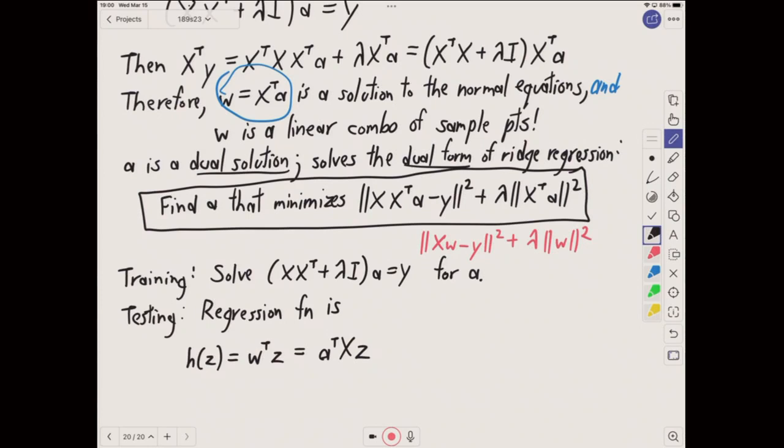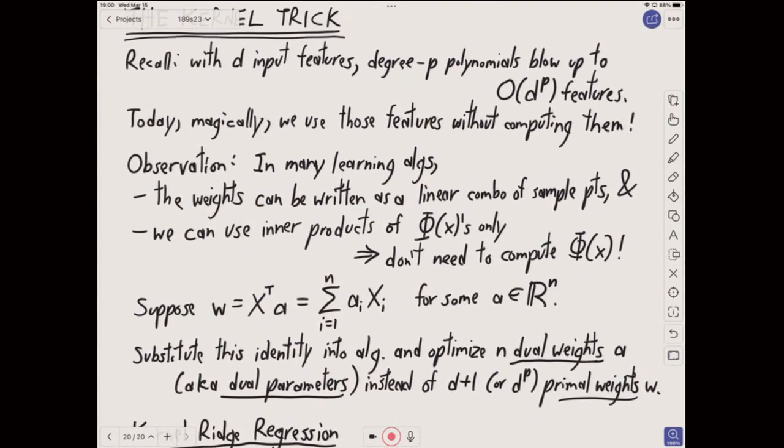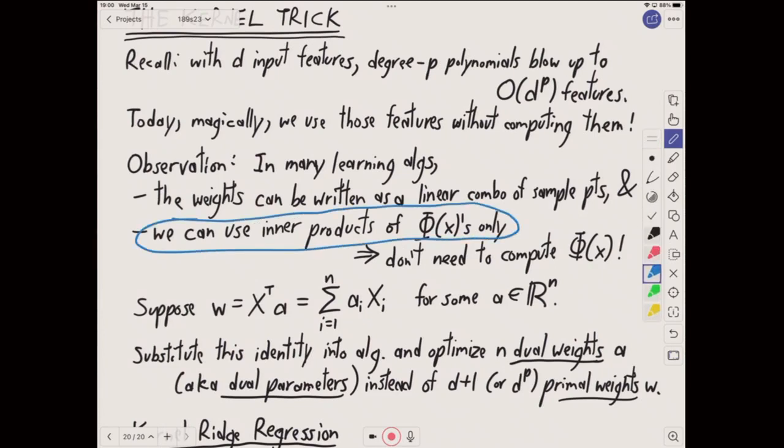So that's what we need to compute to get a solution out of these dual weights a. Now, I want to take this one step further because remember I told you that there is a second requirement for using the kernel trick. And the second requirement is we can use inner products of the lifted feature vectors without actually computing the lifted feature vectors.